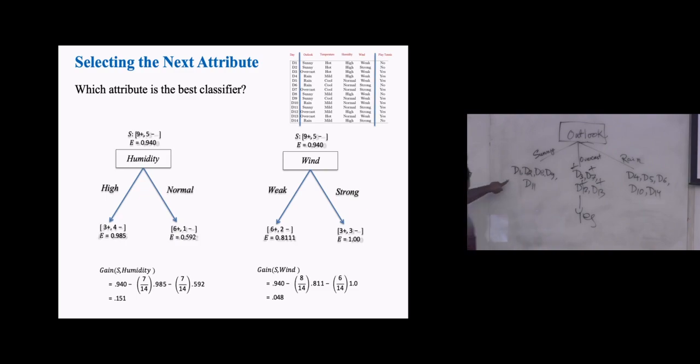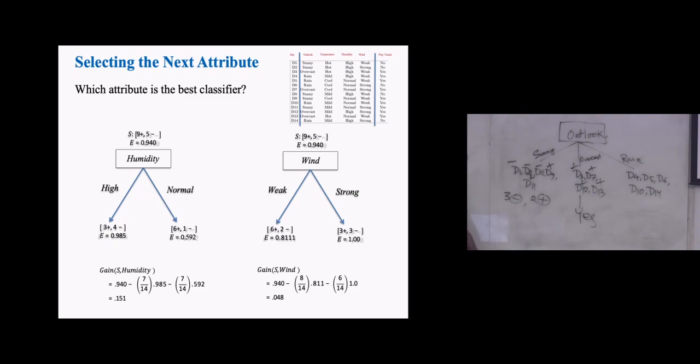But what happens in Sunny? D1, negative. D2, negative. D8, negative. D9, positive. 11, positive. So, 3 negative, 2 positive. High uncertainty. Not good.